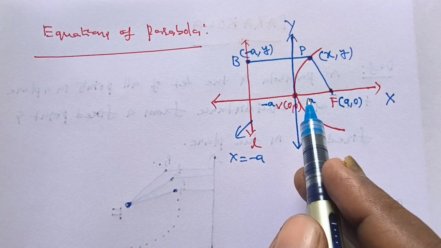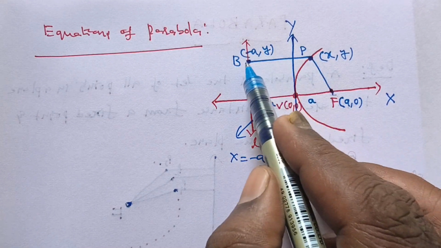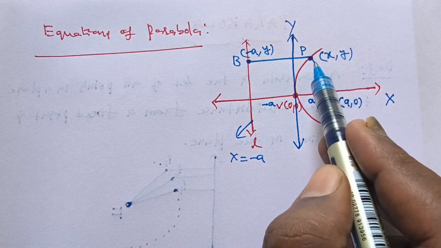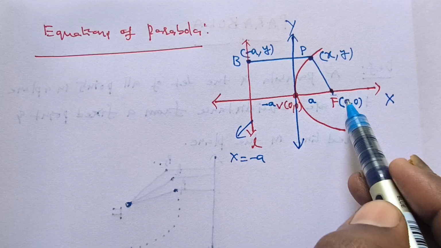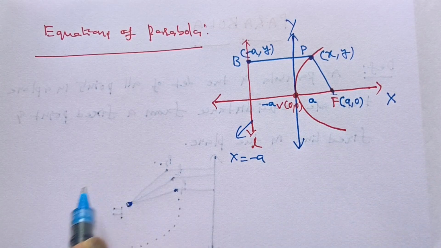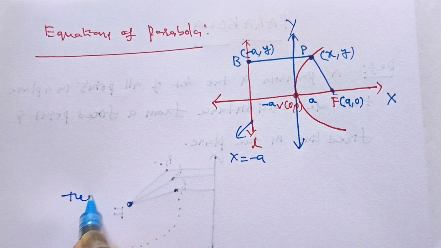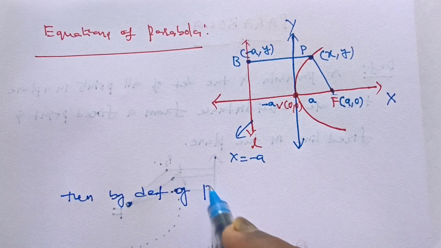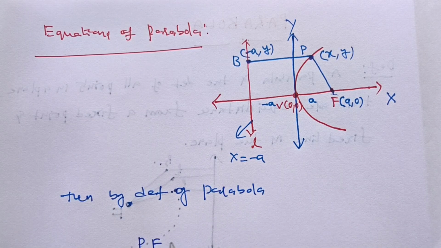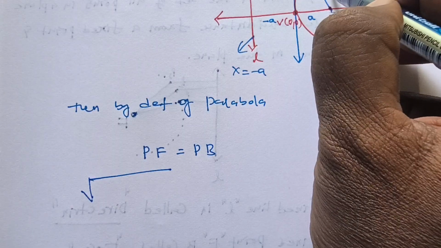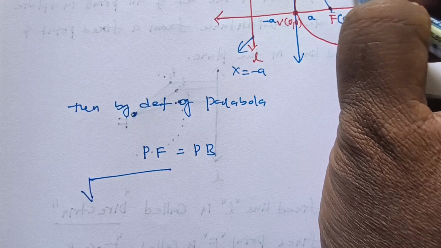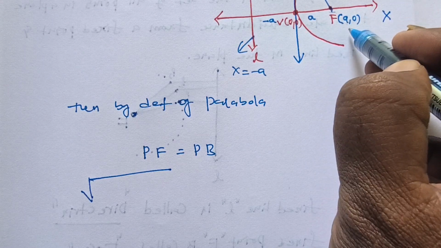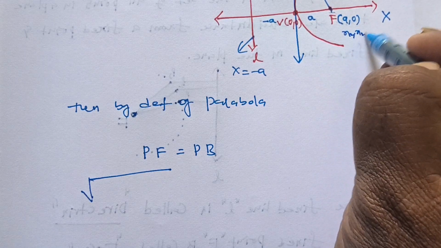Now by the definition of parabola, the distance from B to P and the distance from P to F are equal. Then by definition of parabola, PF is equal to PB. This is x1, y1. Assume this as x2, y2.